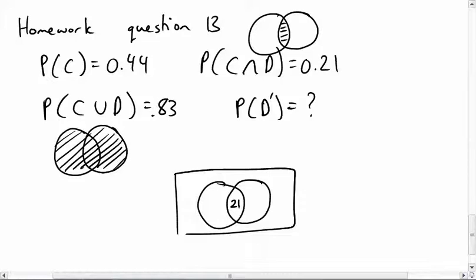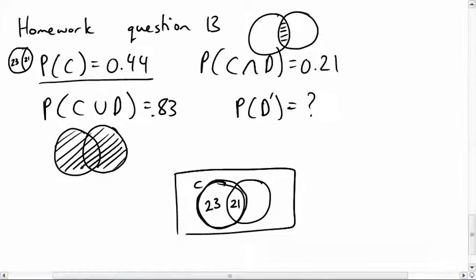The probability of C represents the whole left circle. So I already know that I have 21% in the middle. So 21 plus 23 is 44. So the whole C circle is equal to 44. Does that make sense? Great.